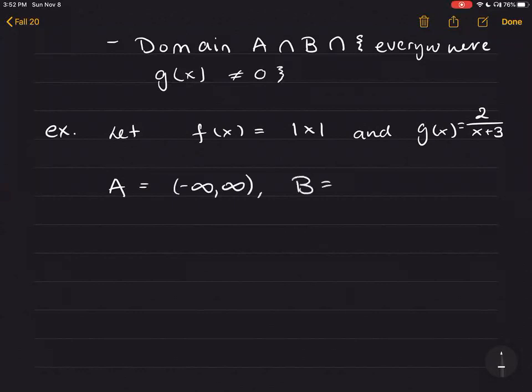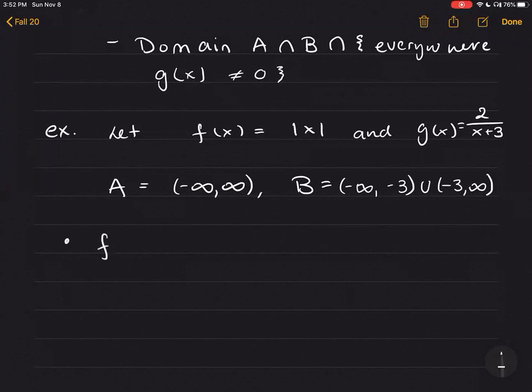And then the domain of g, which will be B, if you note the bottom part, the denominator can't be 0, so x can't be -3. If you're a little hazy on why this is the domain for g, I recommend going back and reviewing the video on finding domains.